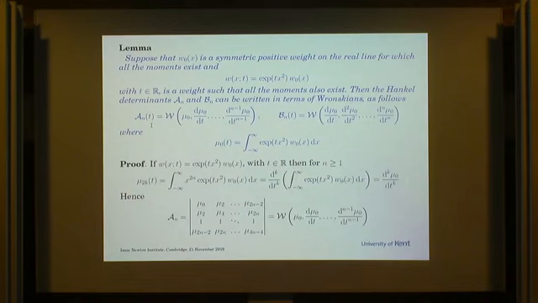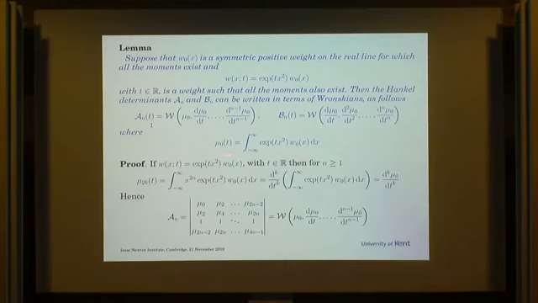Now if we take a weight, a symmetric weight W0, and then multiply by e to the tx squared, which is the case for the Freud weights I'm looking at, then I can write these determinants an and bn as Wronskians in this form here, in terms of the lowest moment mu naught.